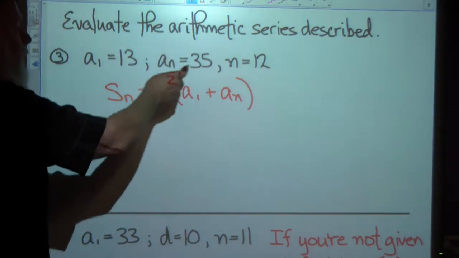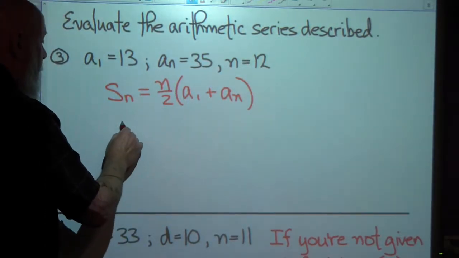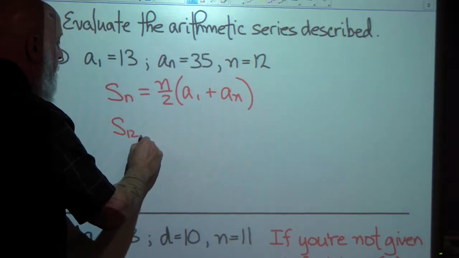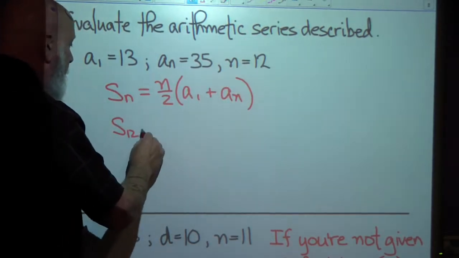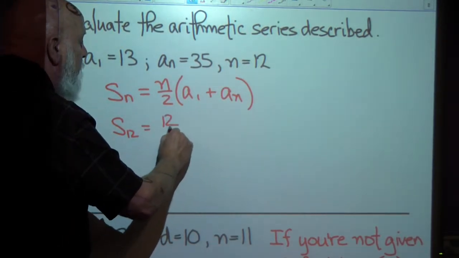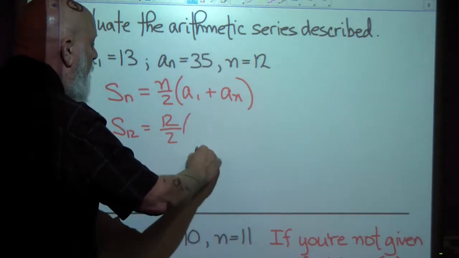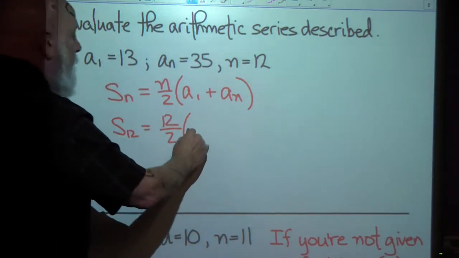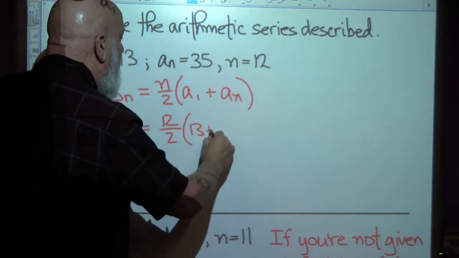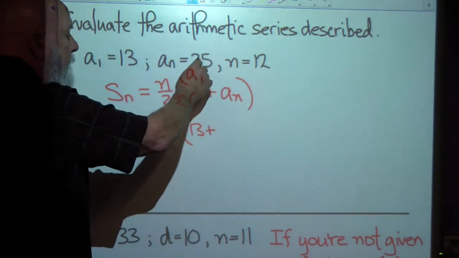And here I can see that I'm going to have 12 terms. So I'm going to say, well, that's the sum of 12 terms. N is the number of terms, is equal to 12 over 2, which I could just call 6. First term is 13 plus the last term is 35.